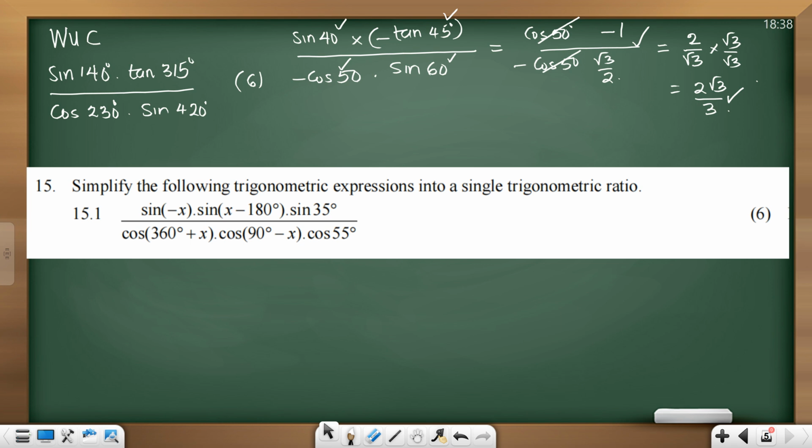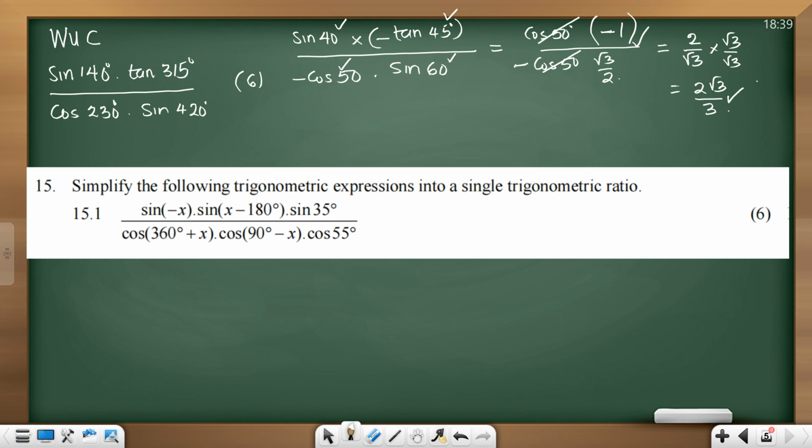Okay, number 1, there's no negative in the answer. That means you left out a negative somewhere. And number 2, by the cos 50 minus 1 over negative cos 50, you cancel the 2 cos 50s, right? And then you're left with the negative at the bottom and the negative at the top.